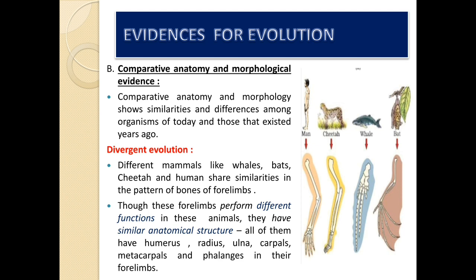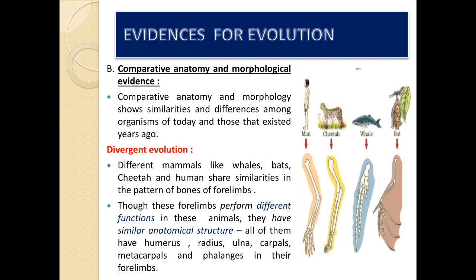So these four mammals share a similar pattern of bones of forelimbs, though these limbs perform different functions in these animals.